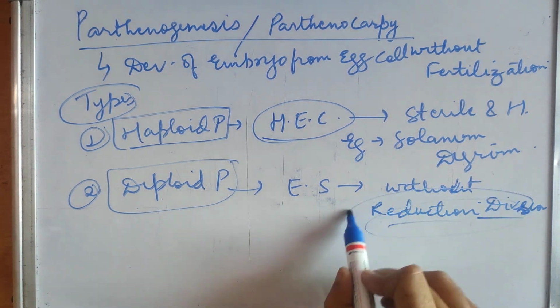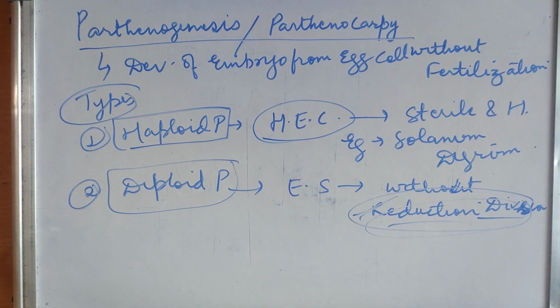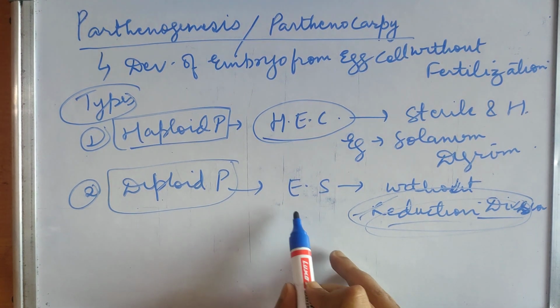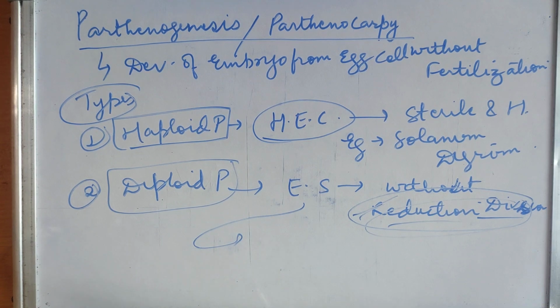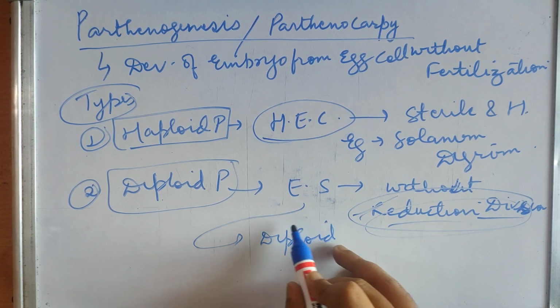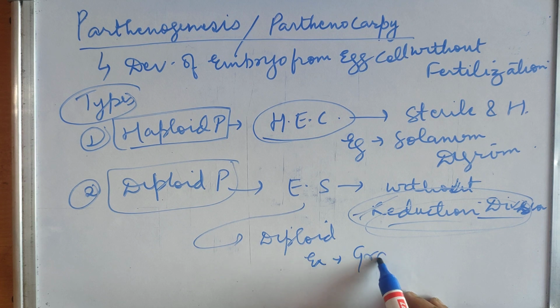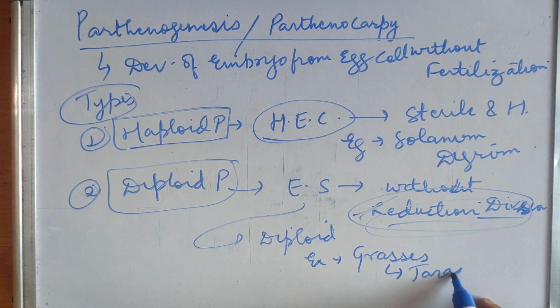It is your homework: comment whether reduction division is mitosis or meiosis. Such an embryo sac and all cells within it are diploid, and it can be seen in grasses such as Taraxacum.